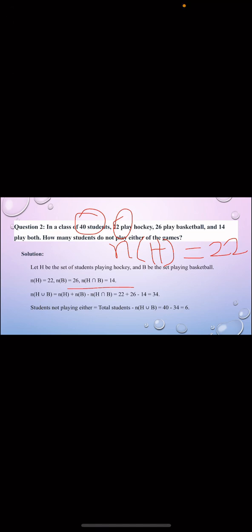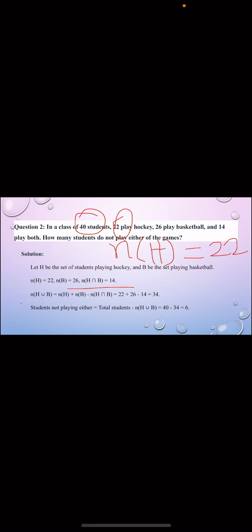What we want to find is how many students do not play either of the games. So first we find the number of students who play either hockey or basketball. After that, we subtract that from the total number of students, and then we get the answer.